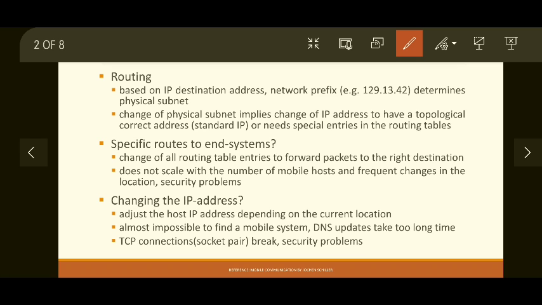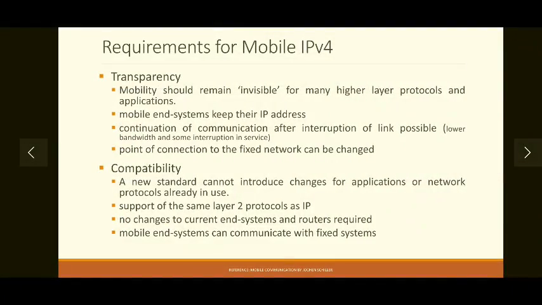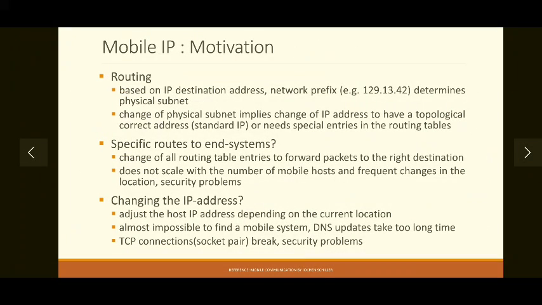Okay, all this IP or internet protocol is designed considering only the fixed network. Mobility was never a discussion during the development of the internet protocol. So what is the solution? We have to design a new IP which will be called as mobile IP, and which will support mobility, and it will allow any user to send packets to any user irrespective of whether they are mobile or fixed.